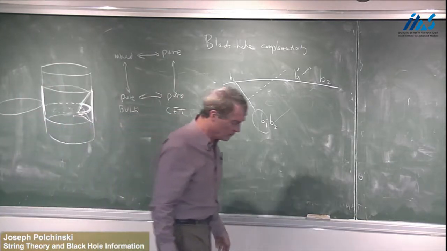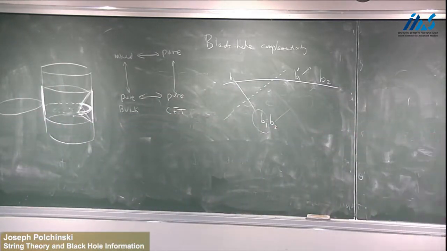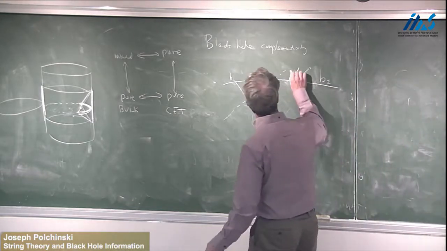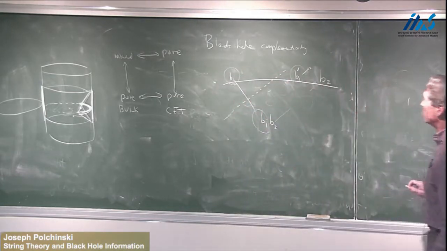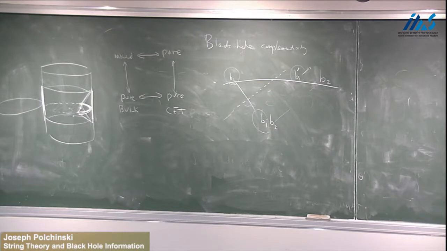But now what Susskind et al. ask is, can any observer really see this? The bits are cloned, meaning they are both entangled with a third bit in a way that quantum mechanics doesn't allow. Is there any observer who can see both bits?